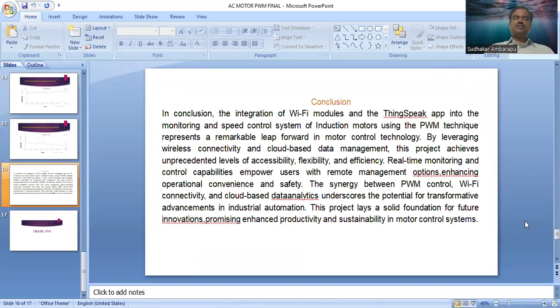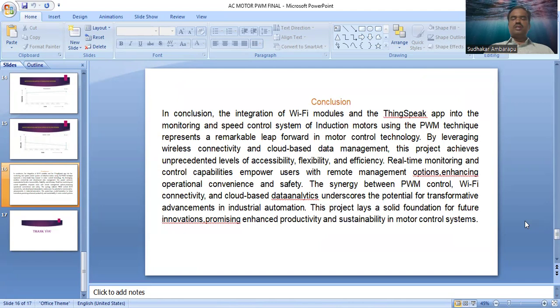With this, we can conclude that the status of the induction motor can be continuously monitored by using apps like the ThingSpeak app, which can be installed in any mobile. We can continuously monitor the temperature, speed, current, and voltage of the induction motor.